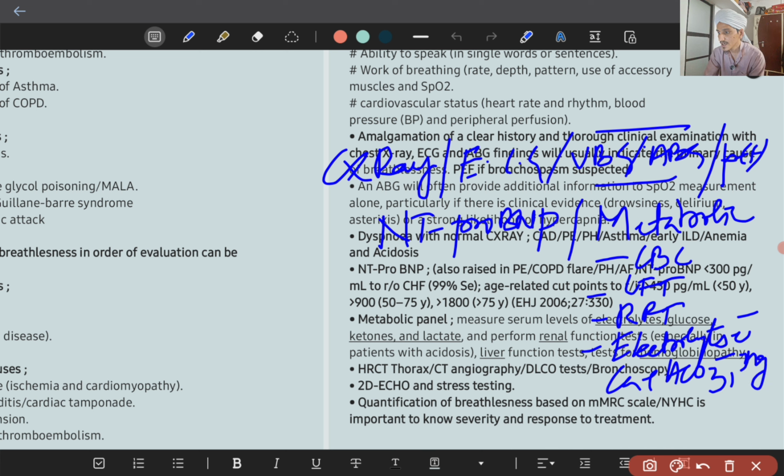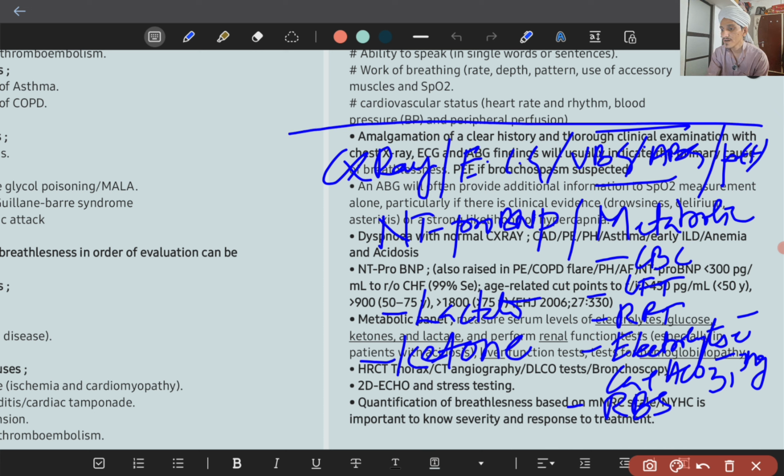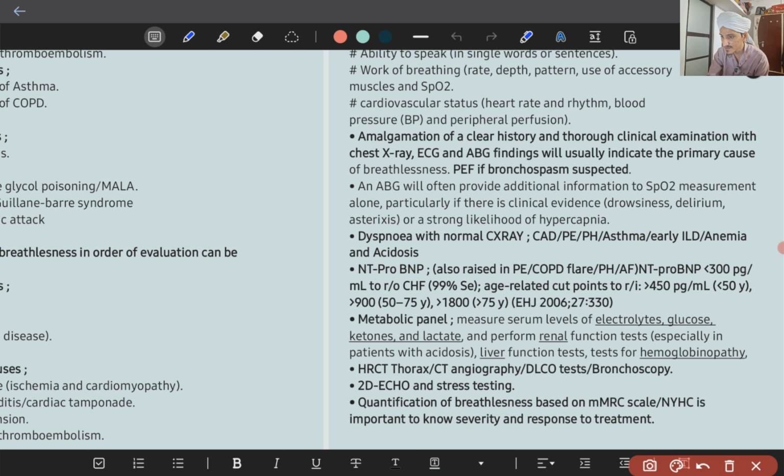Okay, electrolytes and RBS, sugar levels, lactate levels, and ketone levels to rule out the metabolic causes. Okay, so these are the first line investigations in case of acute breathlessness. Second line investigations are these.